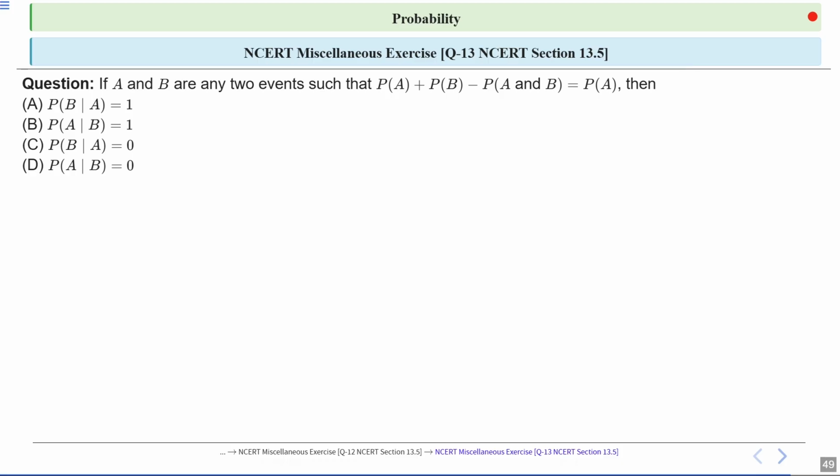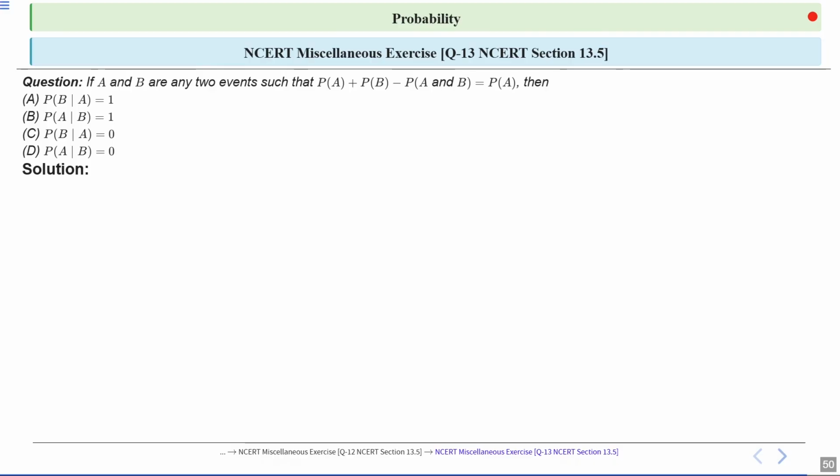In this question, we are given events A and B that satisfy probability of A plus probability of B minus probability of A and B equals probability of A. Which option is correct among the given options? First of all, try it yourself and then see the solution. Let's see the solution step by step.